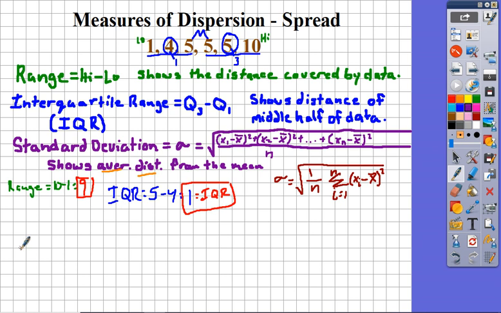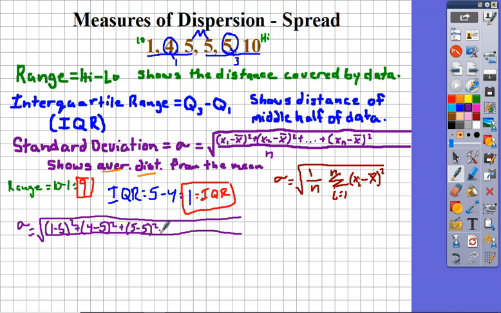So we're going to go ahead and say sigma equals the square root, we've got a bunch of these to do, of the fraction, and we're going to take our first data value, 1, minus the mean of 5 squared, plus 4, the next data value, minus the mean squared, plus the next data value, 5 minus the mean squared, plus 5 minus the mean squared, plus 5 minus the mean squared.